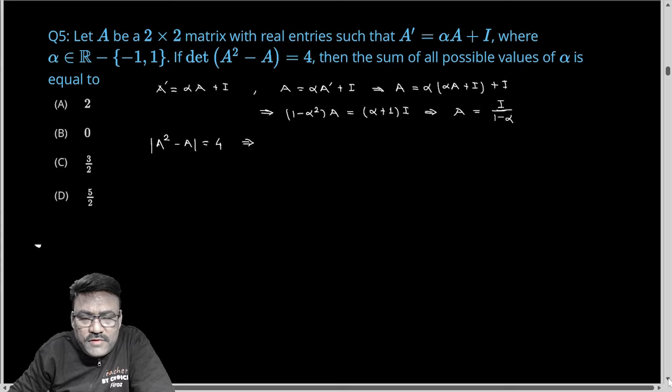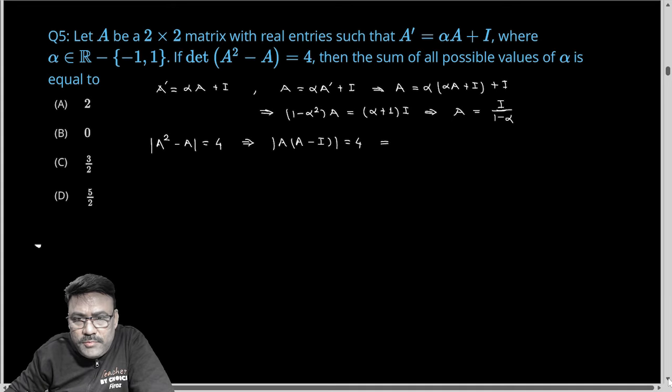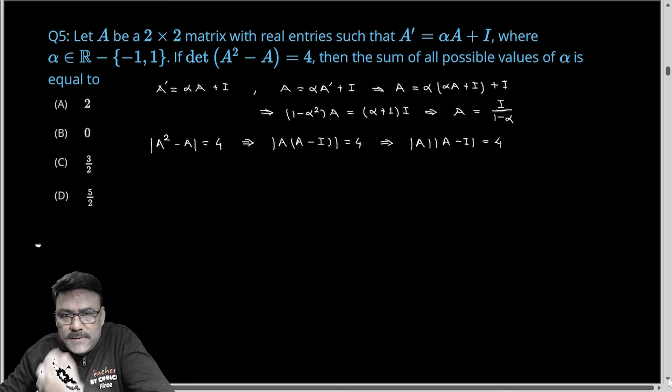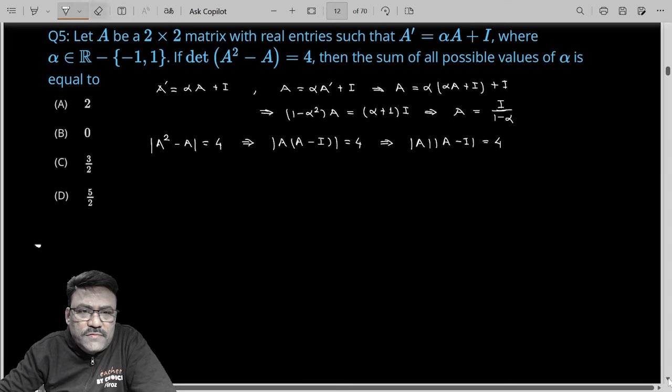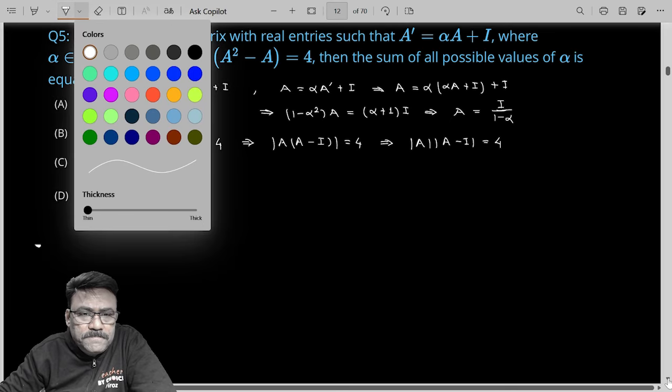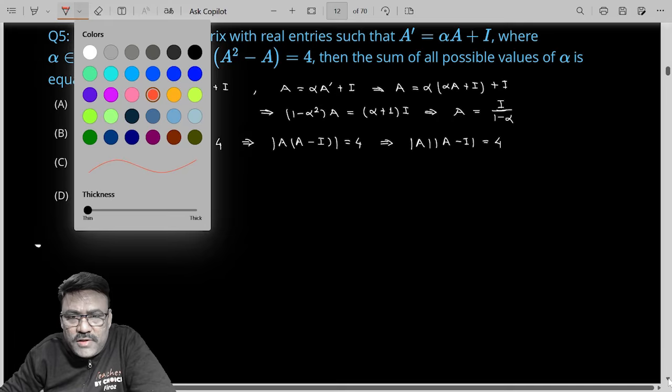This determinant of A square minus A can be written as the determinant of A times (A minus I), which is 4. And it can be written as determinant of A multiplied with determinant of A minus I.